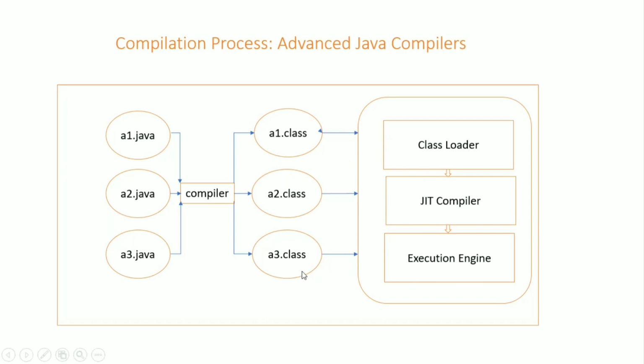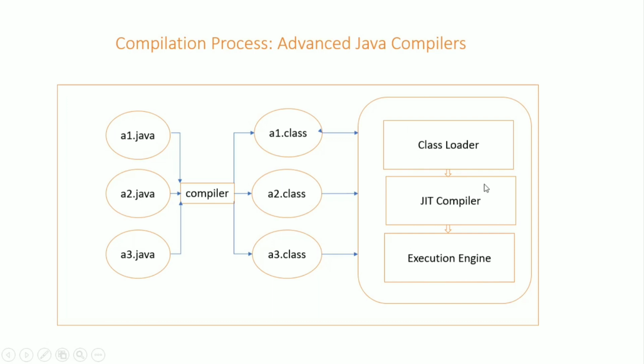It just sucks in the bytecodes and then translates them to the native language of whichever platform it finds itself in. So with this technique, Java can be run anywhere, because regardless of the platform, when you compile a Java source code, it produces bytecode, and these bytecodes are understood by the JVM, and the JVM has the ability to translate this bytecode to the native language of the platform it finds itself in.